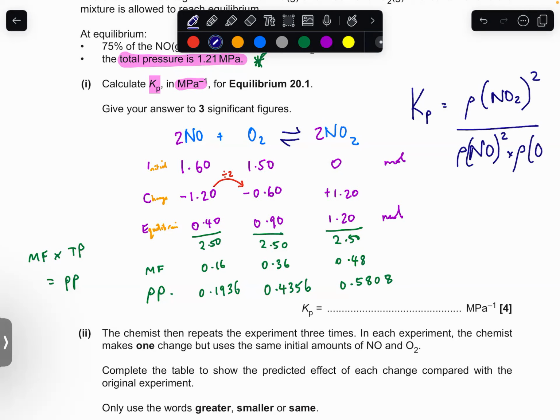Oxygen's partial pressure. And plug in the values. By plugging in the values, let's see what we get.